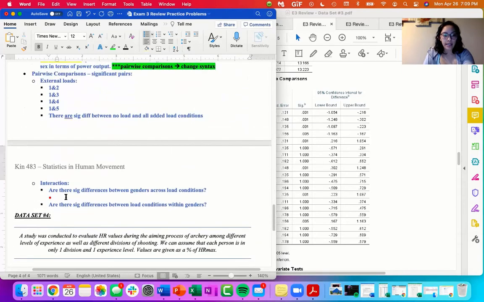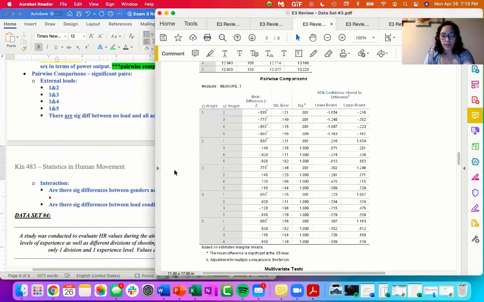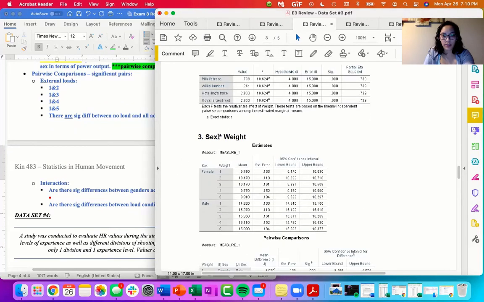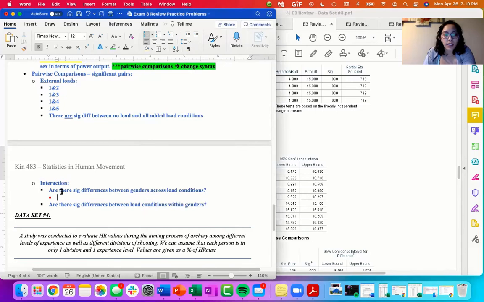And then we can look at our interaction pairwise comparisons. Those will be listed again with the little asterisk in between the two independent variables. If we're looking at, do we have differences between genders across load conditions, the way that you decide which one is which: I actually haven't looked at this one yet, so I don't know which one it is.